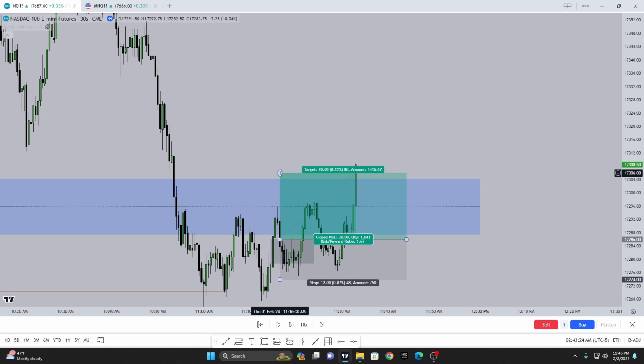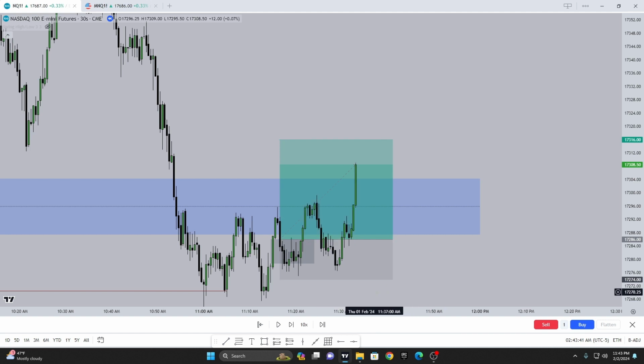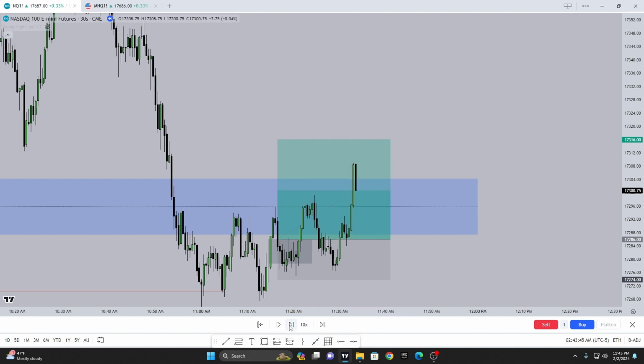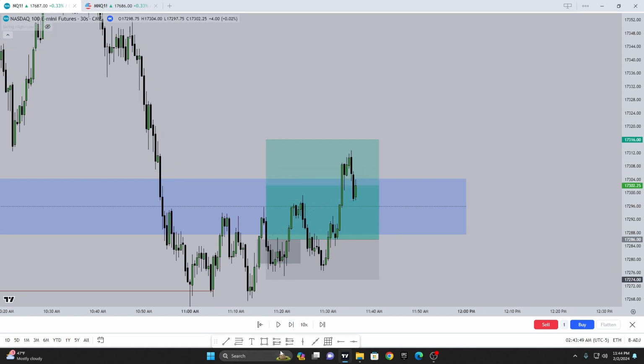And you know what, just for the sake of it, let's go to 30 handles. And I'm not saying it's going to hit 20, 30 handles every time, but just for the sake of the video and the setup, I just want to see if it's respecting this PD array.